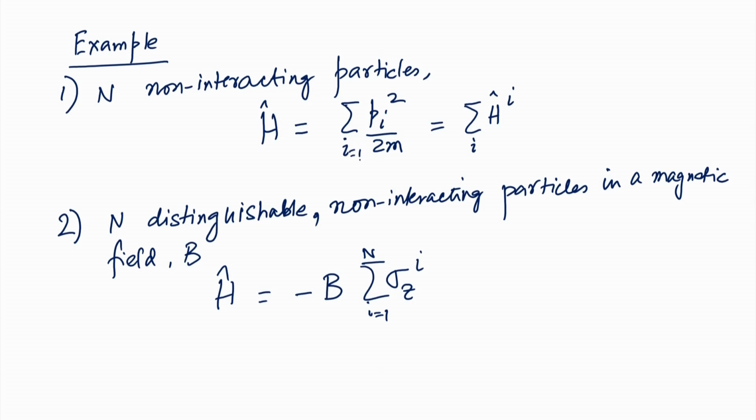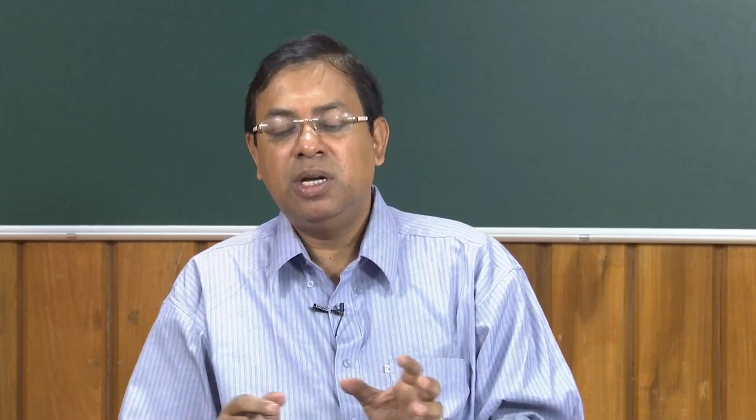Similarly, here also i runs from 1 to n. Okay. And so, these are some of the examples of the many particle Hamiltonian, and the many particle Hilbert space will be the product of the Hilbert spaces of the individual particles.